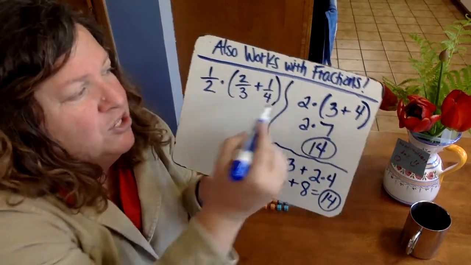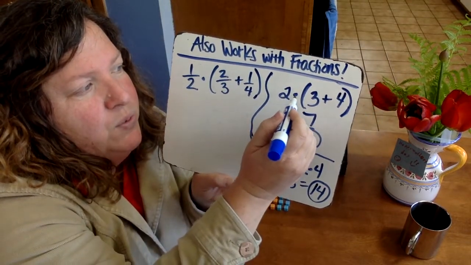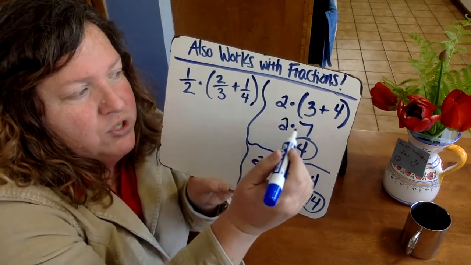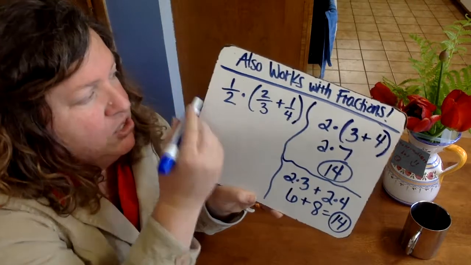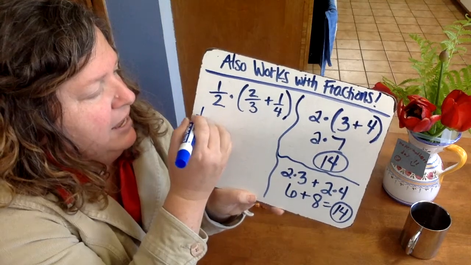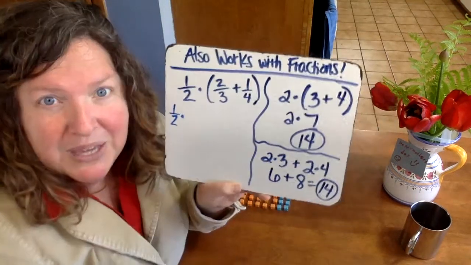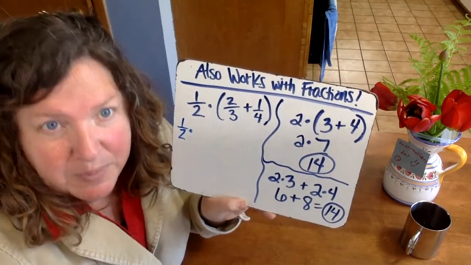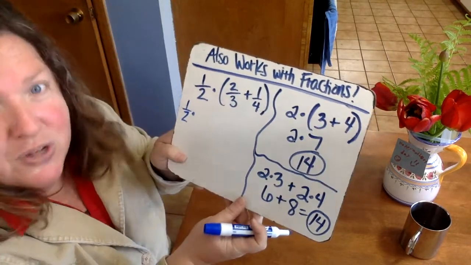All right. So here we did 2 times, and then we solved the 3 plus 4 to get 2 times whatever 3 plus 4 is. So here we're going to do that too. We're going to keep the 1/2, and we're going to keep the multiplication sign, and then we're going to add 2/3 plus 1/4 because order of operations, we have to solve that first.